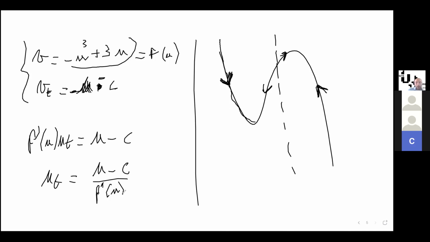All right, so when I reach this point, when f prime of u is 0, my derivative is no longer defined. Formally here I get ut equals plus infinity.